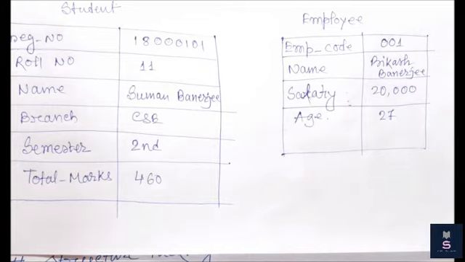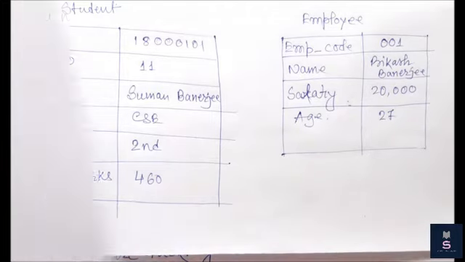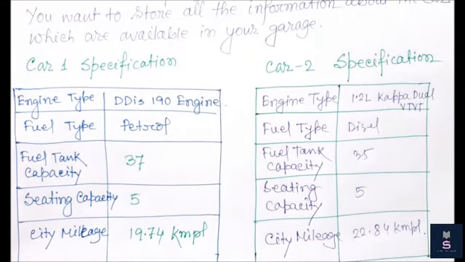If the data is very large, say 1000 records, it is not the right way to store the information in individual variables. For a single car it is okay, but for more than one car it is not the right way to store the information.